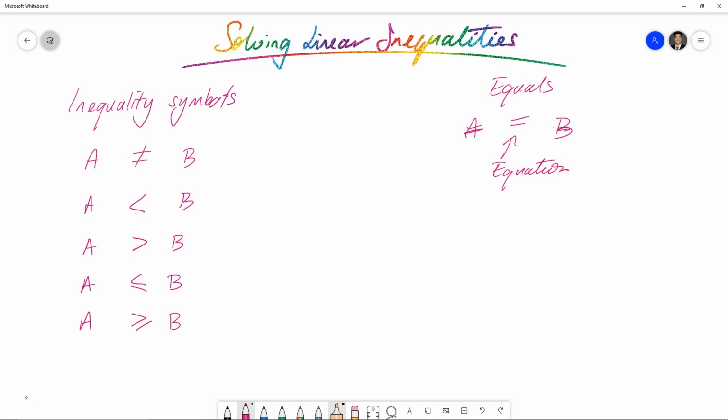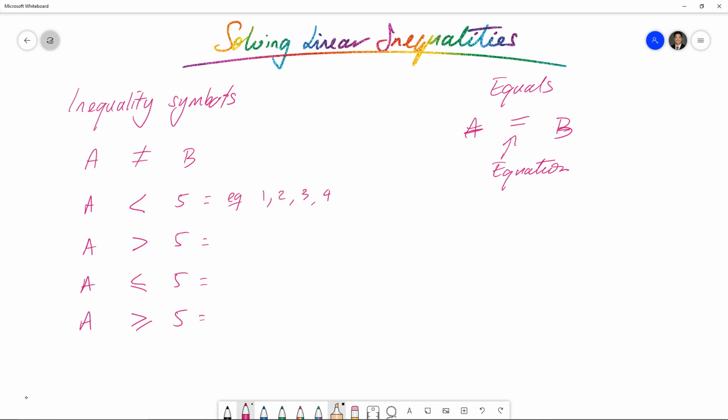For example, if we changed all of these B's to, let's say, 5, we're going to illustrate how A represents numbers that are less than 5. As an example, we've got 1, 2, 3, and 4.